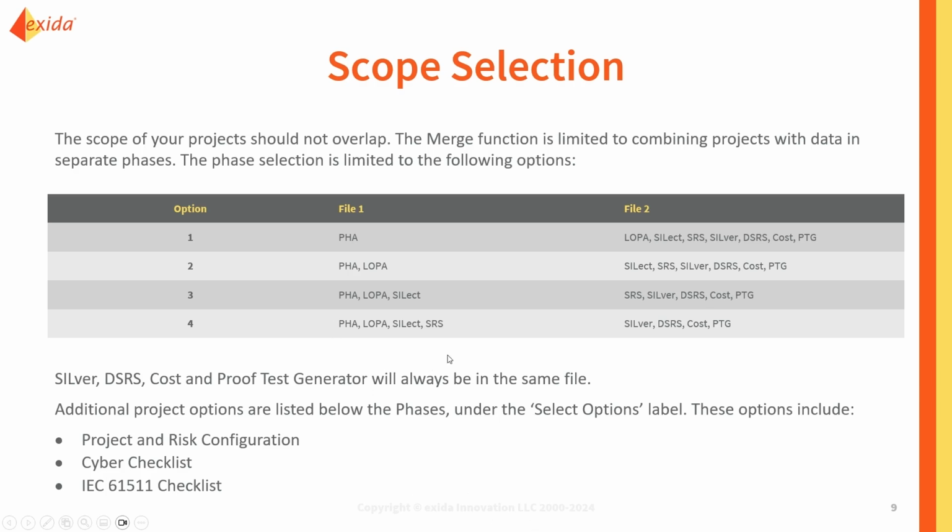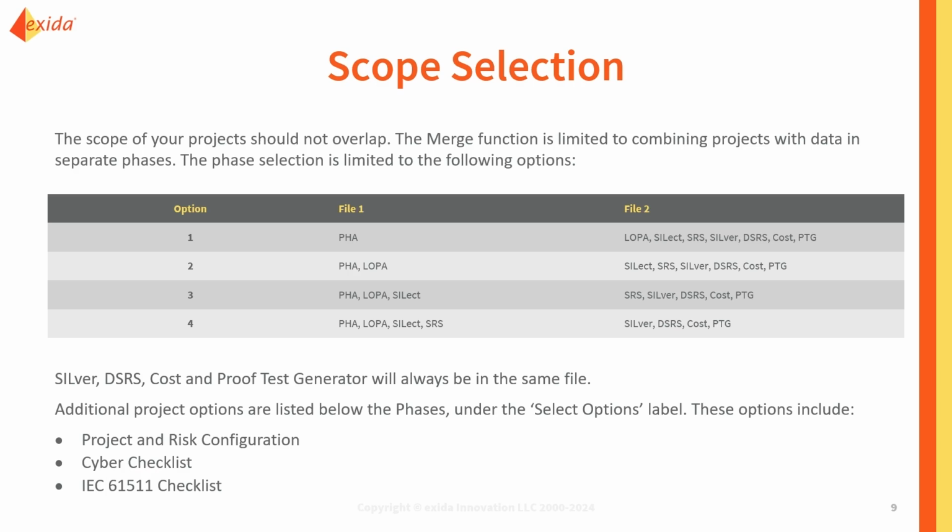And the final option is really where you have your complete analysis in the first file with PHA, LOPA, Select, and SRS documented. And in your second file, you did your complete design with Silver, Design SRS, cost, and proof test procedure specification.